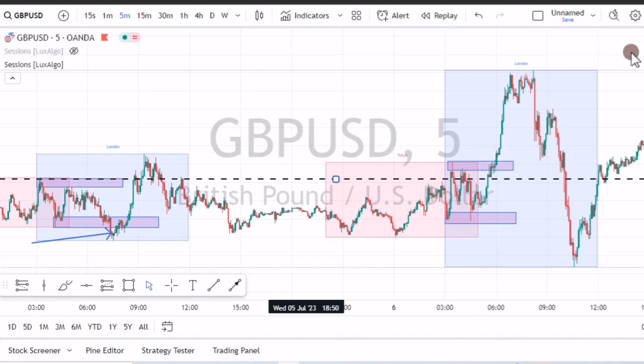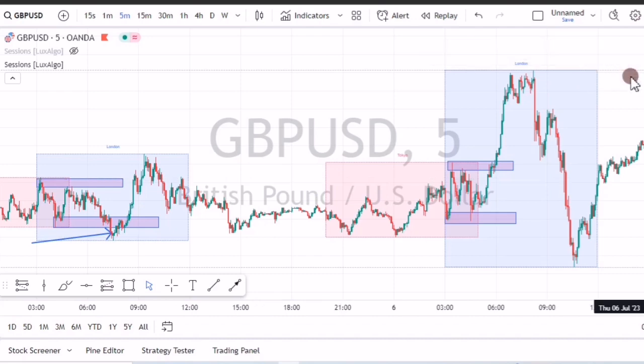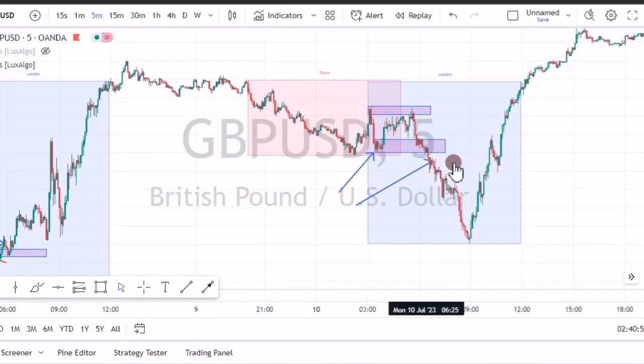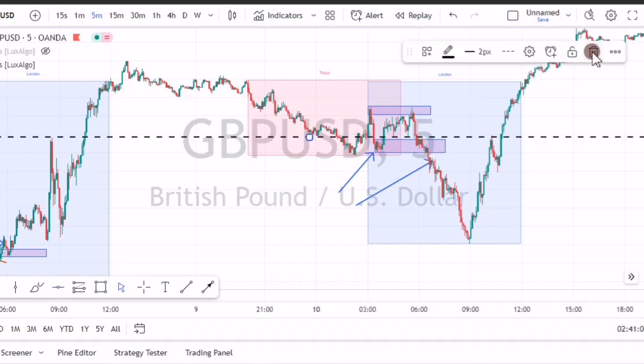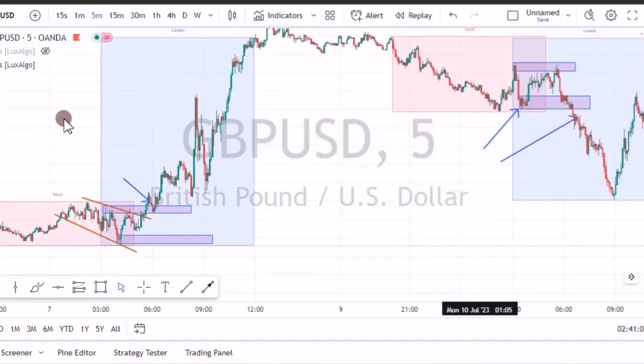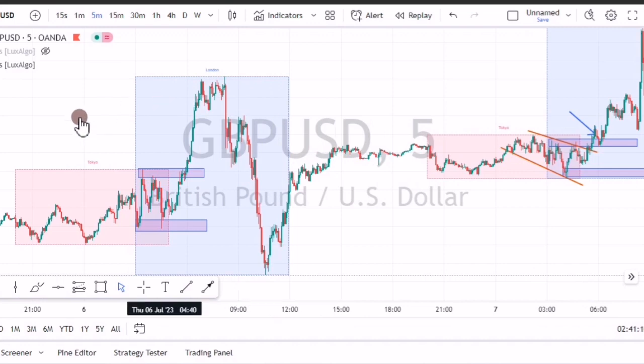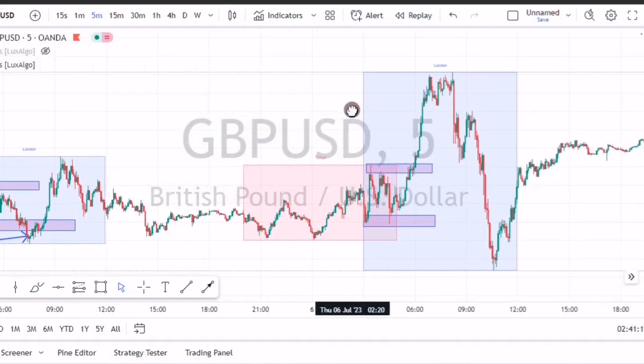No need to put a wide stop loss. Make them very tight. It doesn't hesitate. You see, it just goes straight into your direction. So if you place a trade, put a tight stop loss so that if things go wrong, you don't lose much. You just wait for the next day.